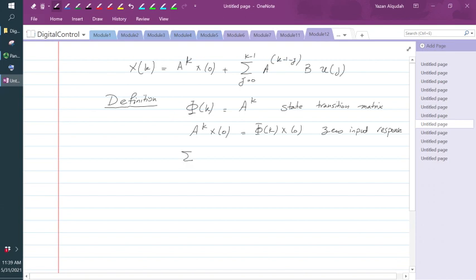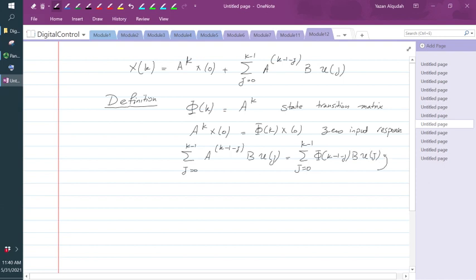Similarly, we're going to take the second term, the summation from j equals 0 to k minus 1 of A to the k minus 1 minus j multiplied by B multiplied by u of j. We can also write this as the summation from j equals 0 to k minus 1 of phi of k minus 1 minus j multiplied by B multiplied by u of j.